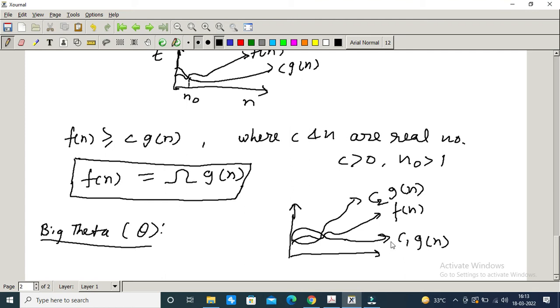The constant is the same, but the functions are different, so take them as g1(n) and g2(n). So if this is the case, when g2(n) is greater, we write g2 here or g1 here, and g2(n) is greater than g1(n).